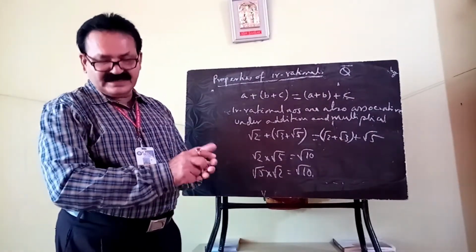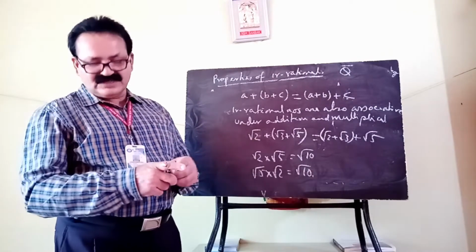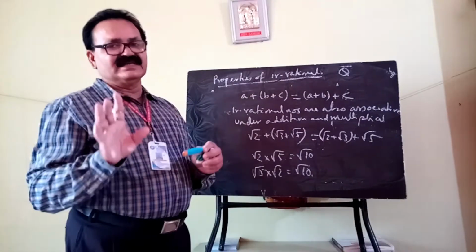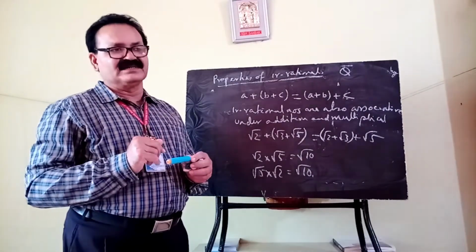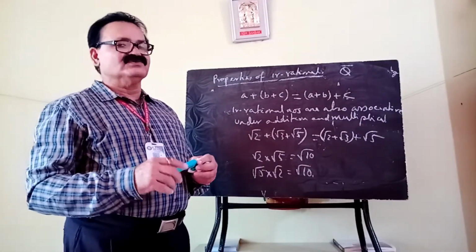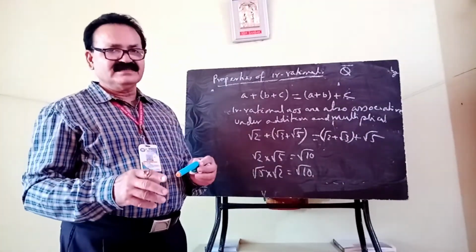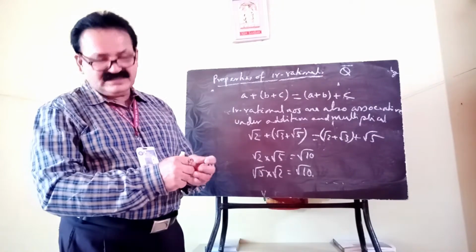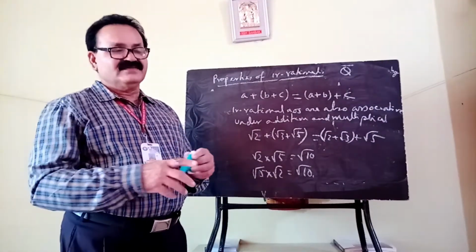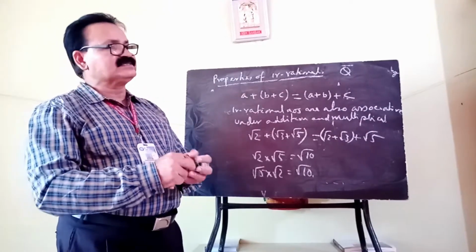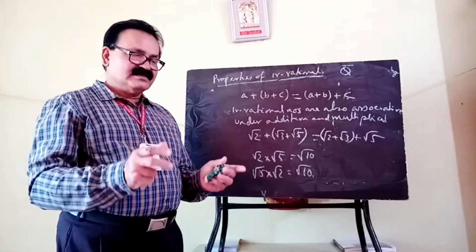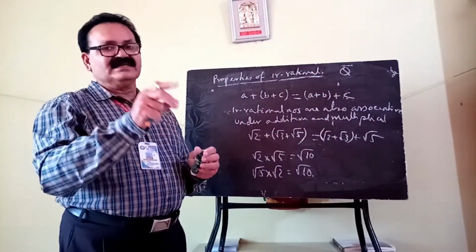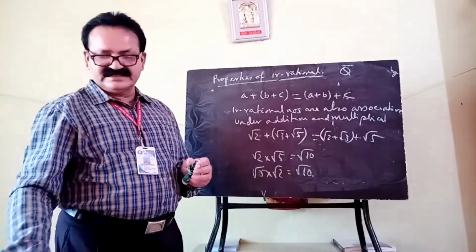Now, if we consider the additive inverse of a rational number, what do we do? Suppose plus 5 is a rational number or 2 by 3 is a rational number. For the additive inverse, if it is 2 by 3, then the additive inverse is minus 2 by 3. And in case of the multiplicative inverse, if 2 by 3 is a rational number, then its multiplicative inverse will be 3 by 2, just the reciprocal.